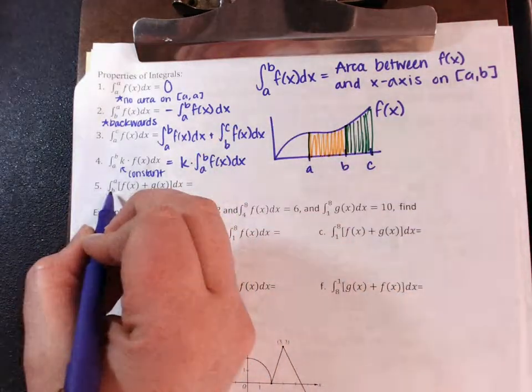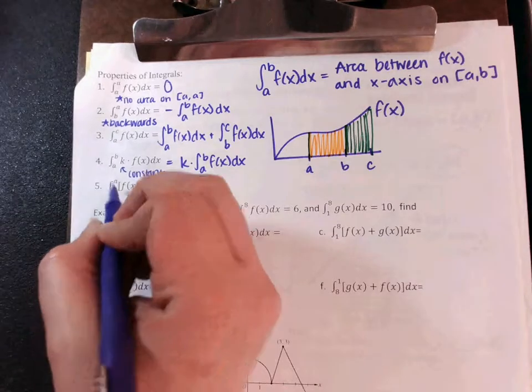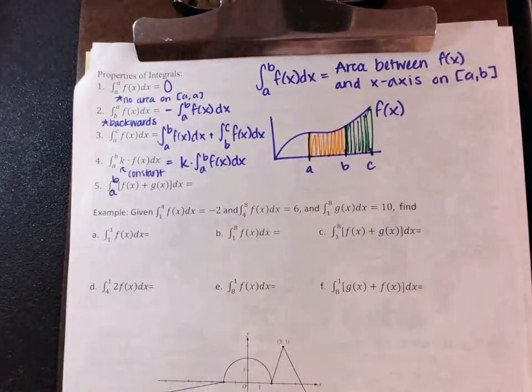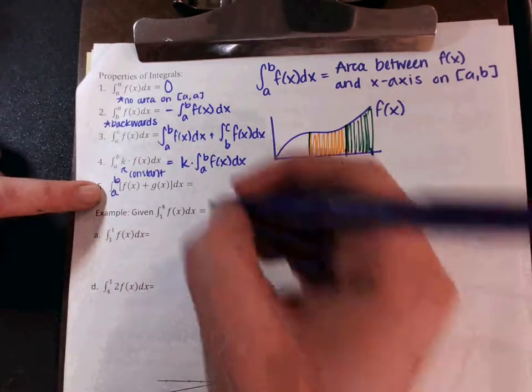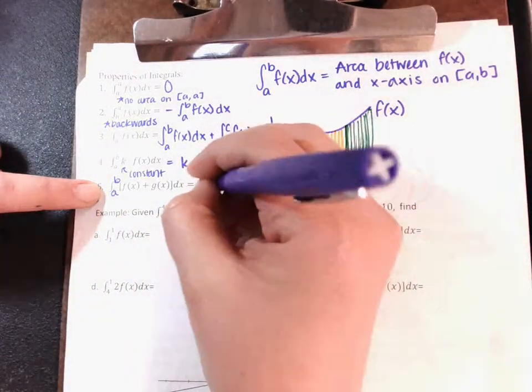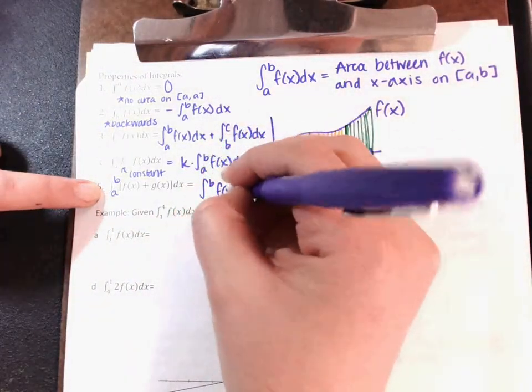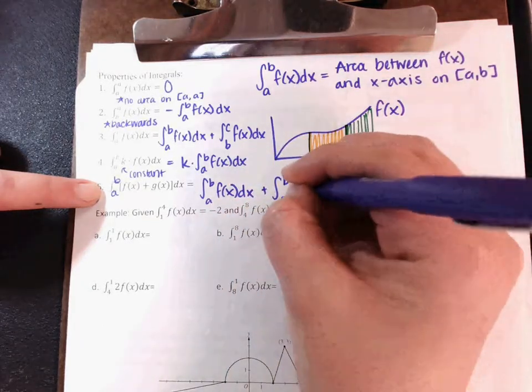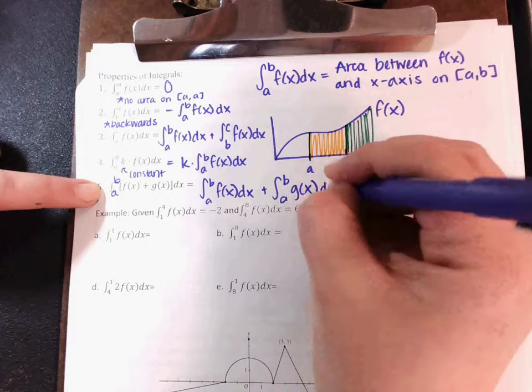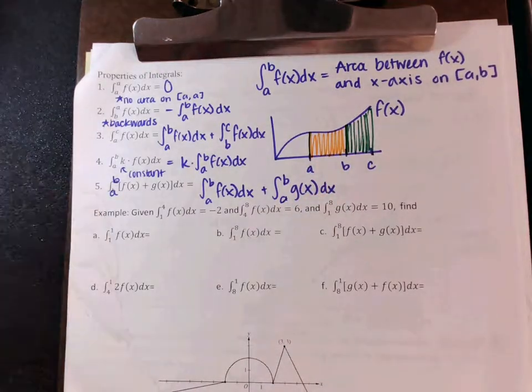And real quick, these aren't backwards, so you make it a to b instead of b to a. The way that you could separate that would be a to b of f of x plus a to b of g of x. So if you have one big integral, then you're allowed to split it up to where f and g are on their own.